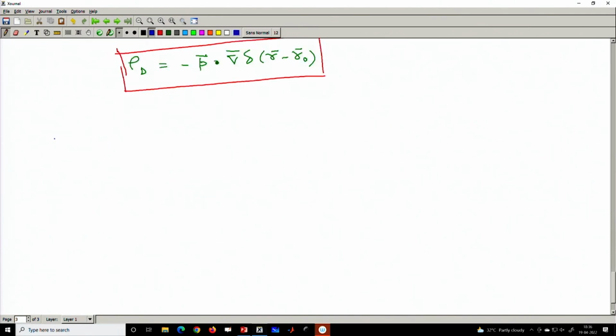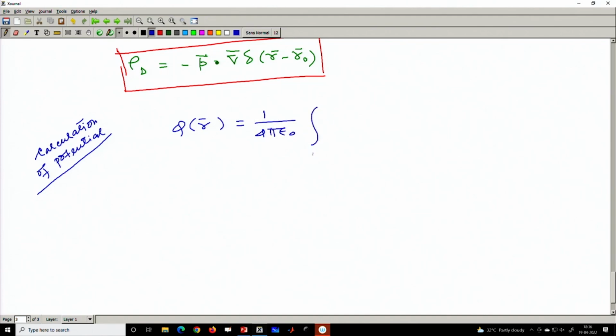The potential at any point r is simply 1 divided by 4 pi epsilon 0 times an integral over the charge density, according to the Helmholtz theorem, and for a dipole it should be simply this.